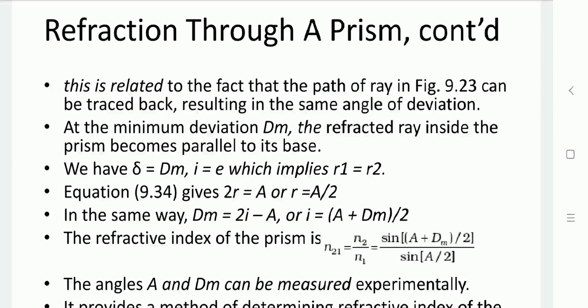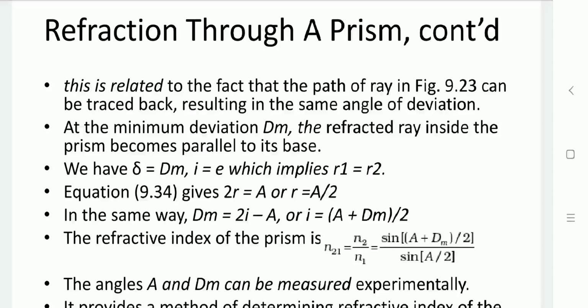If I and E are the same but their positions are changed, with the incident angle on the AC side and the emergent ray on the AB side, and the angle of incidence I is the same, then we get the same emergence angle E. If E and I are the same values, then the deviation again remains the same.